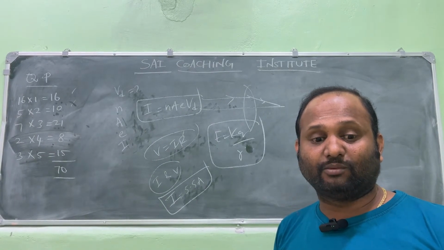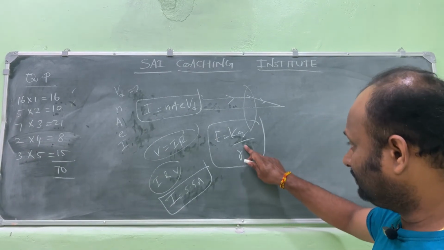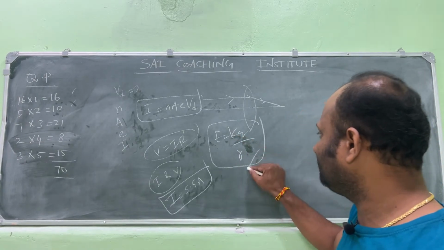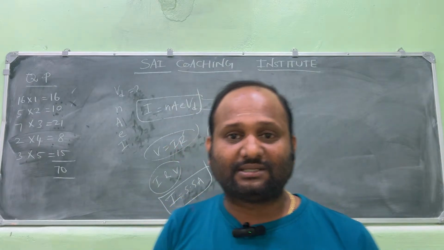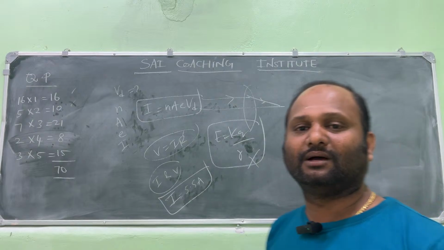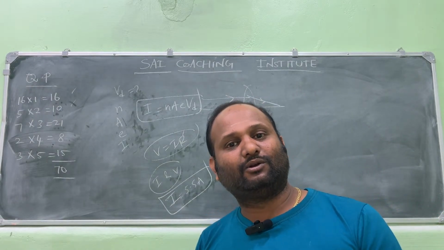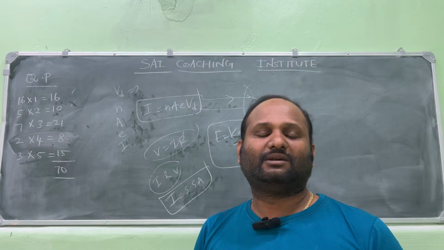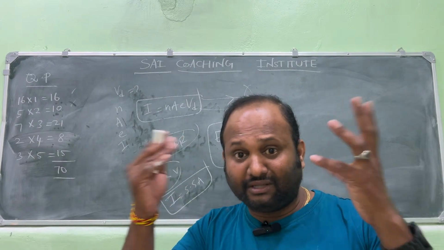We know that is KQ by R square, but while writing, we write KQ by R. That will be wrong. KQ by R is nothing but the potential due to a point charge. So that answer will be wrong. But we know the answer; still we make these mistakes. Why? Because of fast writing, because of some negligence, because of some deviation.